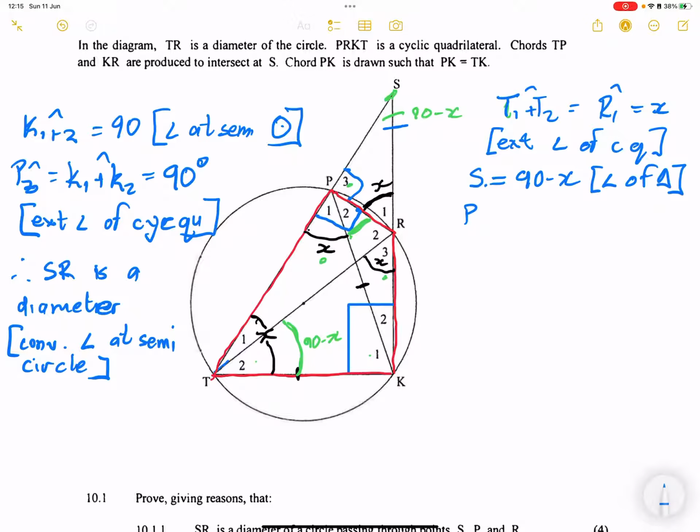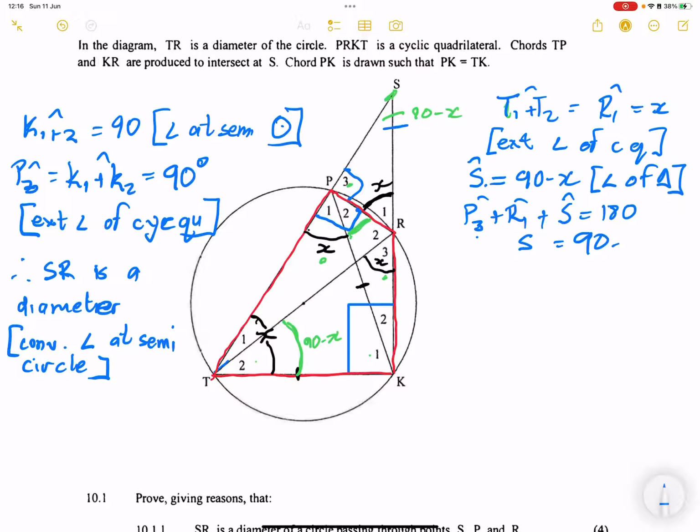So angle P3 plus R1 plus angle S would be equal to 180. And in this case, to get angle S, you are simply going to say 180 minus P3, which is 90, minus R1, which is X. And that's how we got to that 90 minus X. So we've got the value of angle S in this case being 90 minus X.